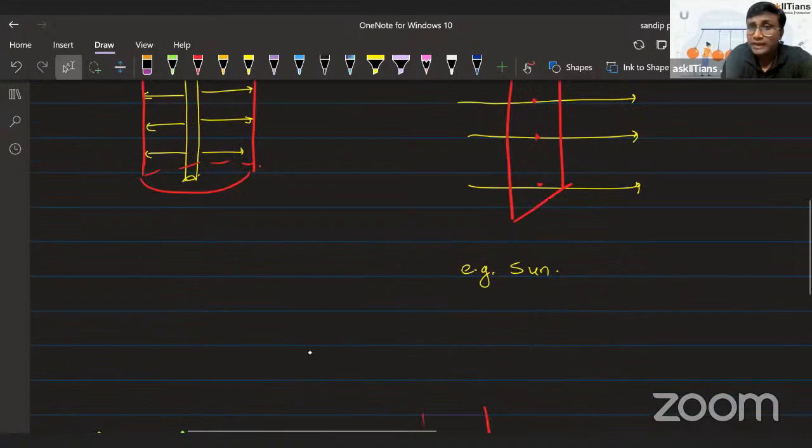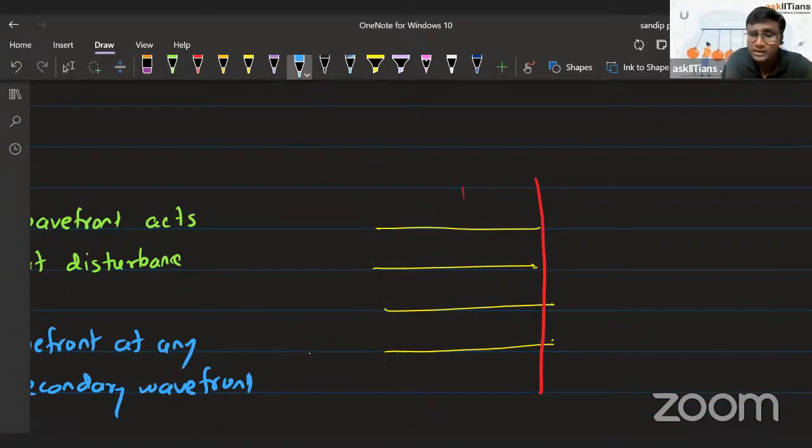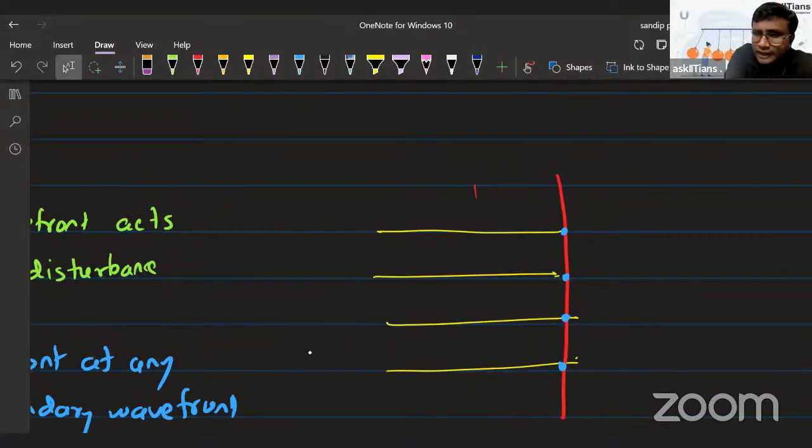Right, in 3D it looks like this, in 2D it will look like this, right? Now every point on this primary wavefront is going to act as a secondary source, right? It's like a light source, we can say, right? And it is going to send another wavefront. So that is like a point source. Now the point source will give you the spherical wavefront, right? So the wavefront will look like this.